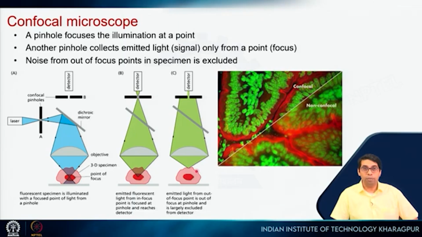Any light that comes from different parts of the cell will not be focused and it will be eliminated. So, we can get images from a very thin slice of the sample. You can see that if the focusing is not right, it will be blurred, but if you can focus it properly at a particular part, you can see very sharp images.